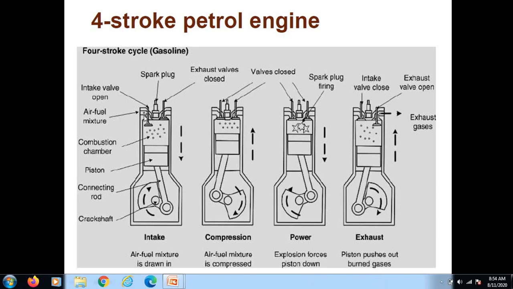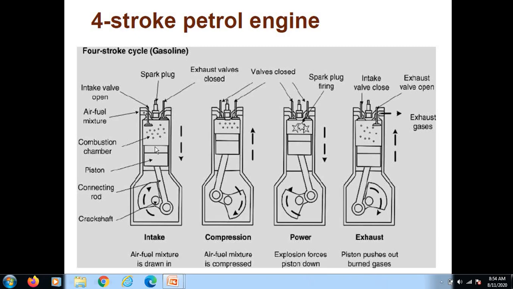The inlet valve is connected with the inlet manifold. A pipe connects this inlet valve or cylinder with the intake system, and that pipe we call the intake manifold. The exhaust valve is connected with the exhaust manifold.